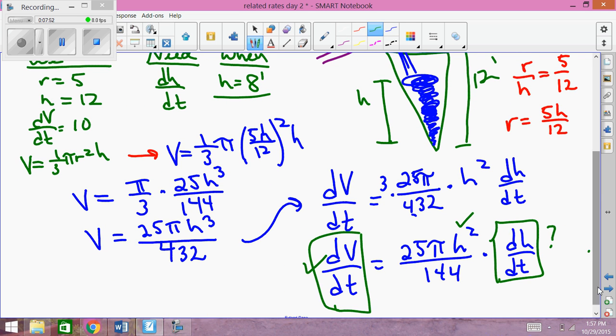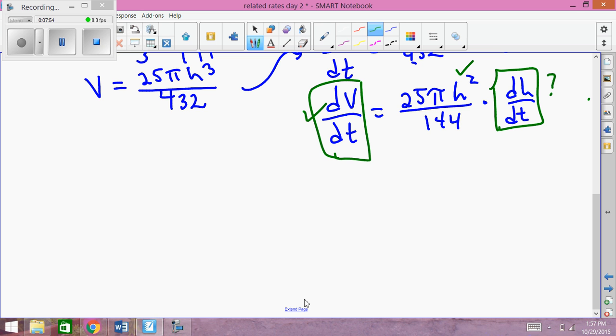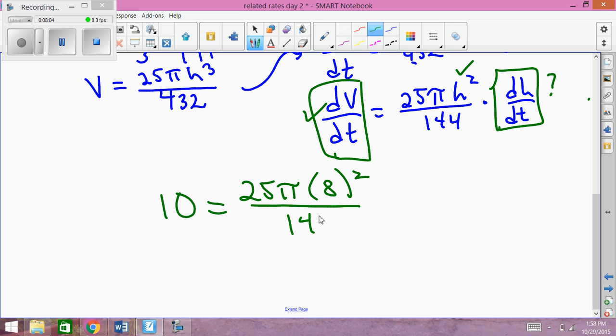We can plug all those things in. We have 10 equals 25 pi times h squared over 144 times dh/dt.